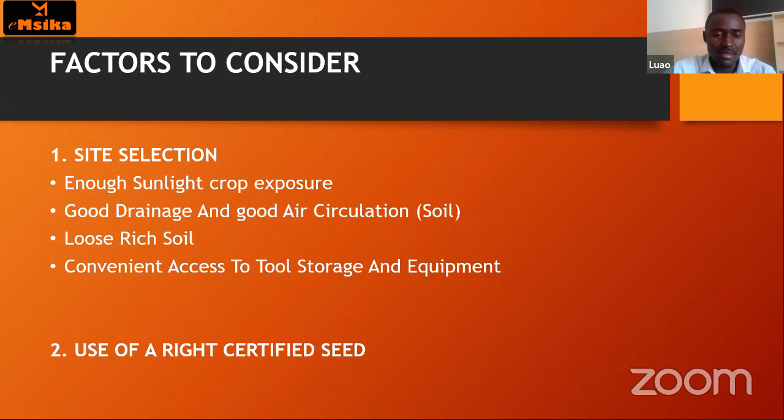The most important thing to consider when it comes to the use of certified seed is this fact: all the efforts we do around the plant, from site selection to timely planting, fertilization, foliar sprays, even mulching, everything, all these efforts we do to support the genetics of the plant.